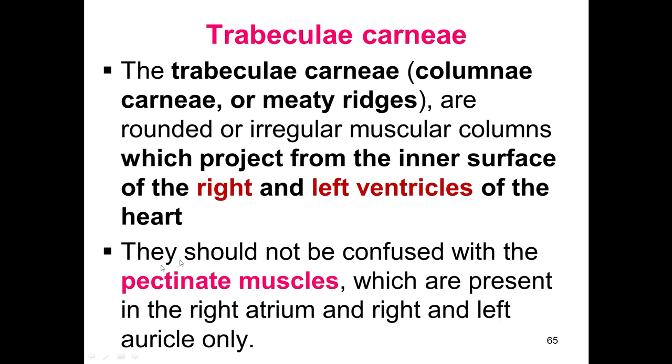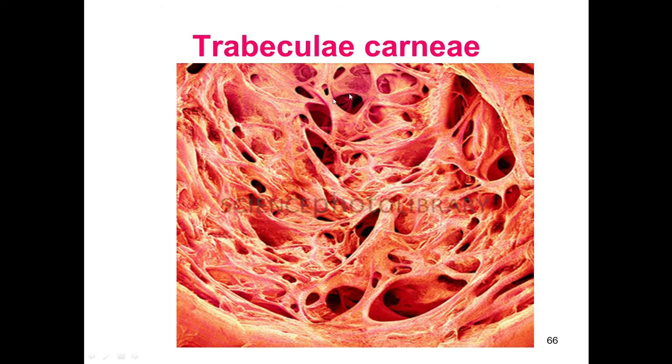Pectinate muscles are different, which are present in the right atrium and in the left atrium, left auricle I would say. But these are different as compared to the trabeculae carneae, which are present in the right and left ventricles. Let's see. You can see this, these are the ridges. These are the trabeculae carneae.